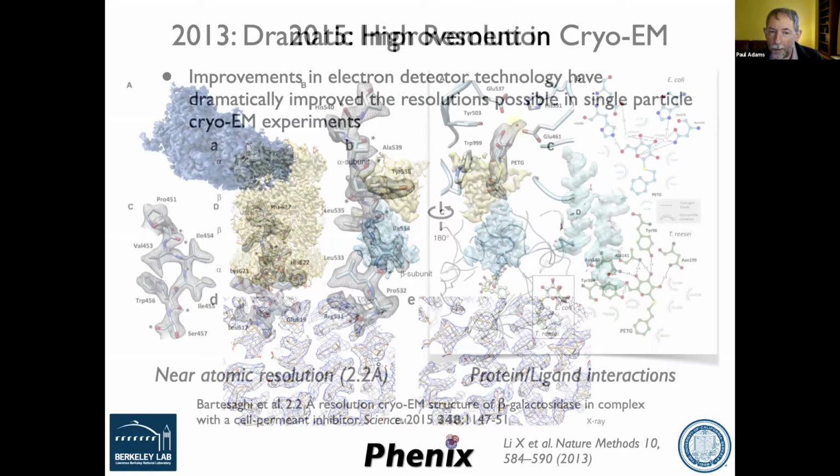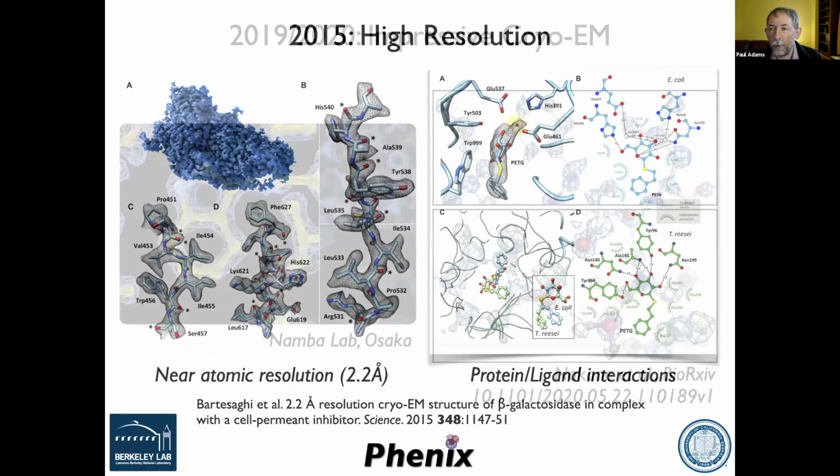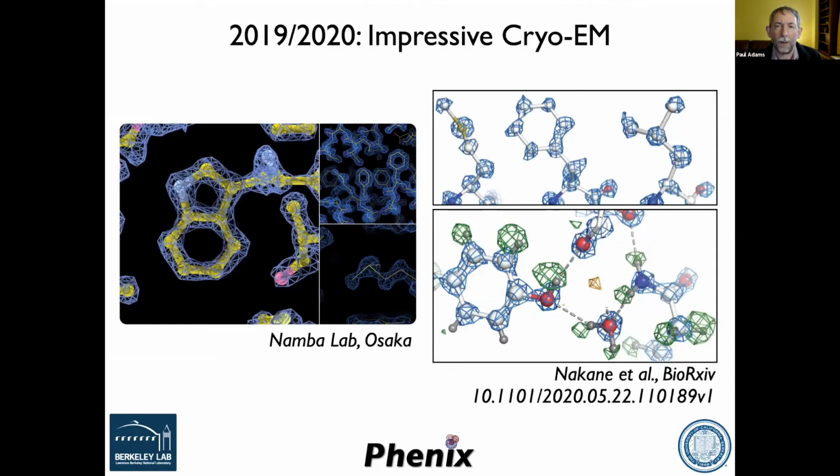A couple of years later, people showed that you could get to resolutions that were more typical for crystallography, the 2 angstrom kind of range, and see things like ligands in proteins. And even more recently, this is some work from last year, I think, showing apoferritin at about 1.5 angstrom resolution. So very clear what's going on.